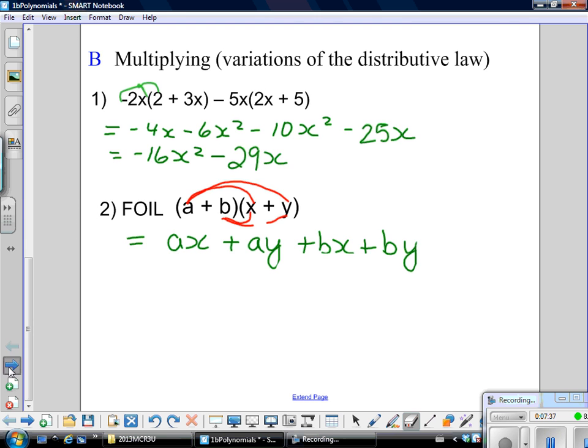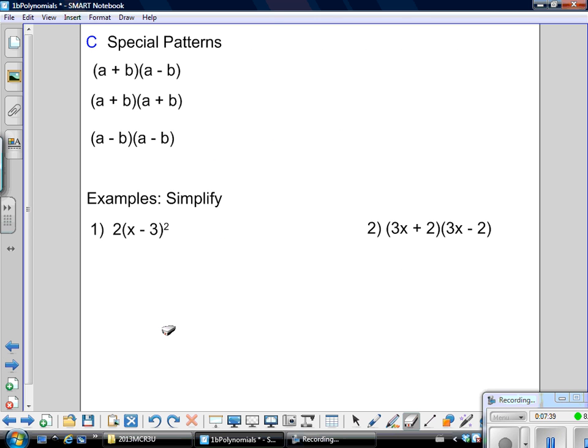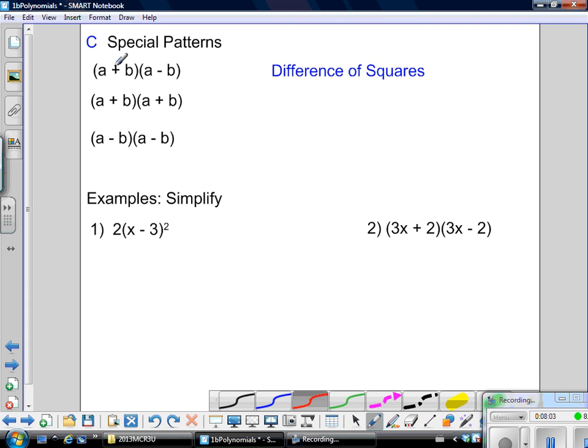Okay, over to the next part of the lesson, and again it has to do with multiplying and its special patterns. Now some of you remember these special patterns, maybe you don't. The first special pattern is this one here, and we actually call that one difference of squares. So what happens is we have 2 brackets that are identical except that one is positive and one is negative.